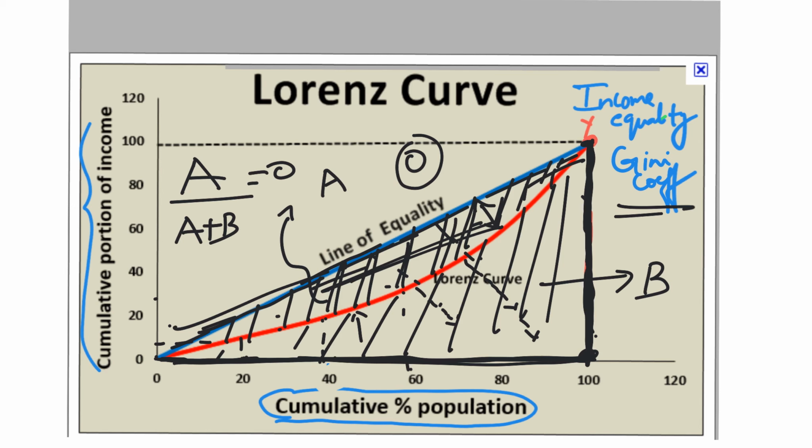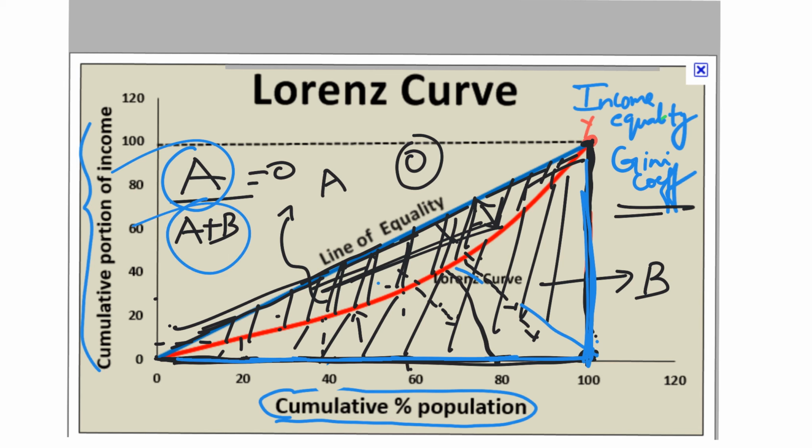Now when the Lorentz curve reaches this point, that is farther away from the line of equality, this portion A becomes equal to A plus B. So this red line reaches this point.